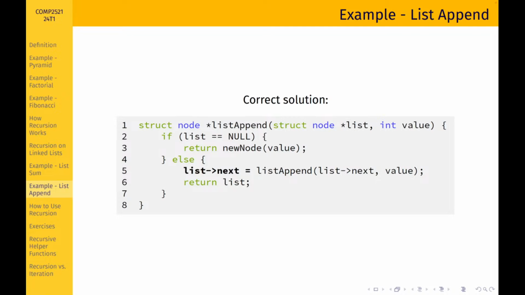So this is a stopping condition, a base case, but it returns the new node to whoever called it. Whoever called this function might be the main function, or it might be another instance of the list append function.